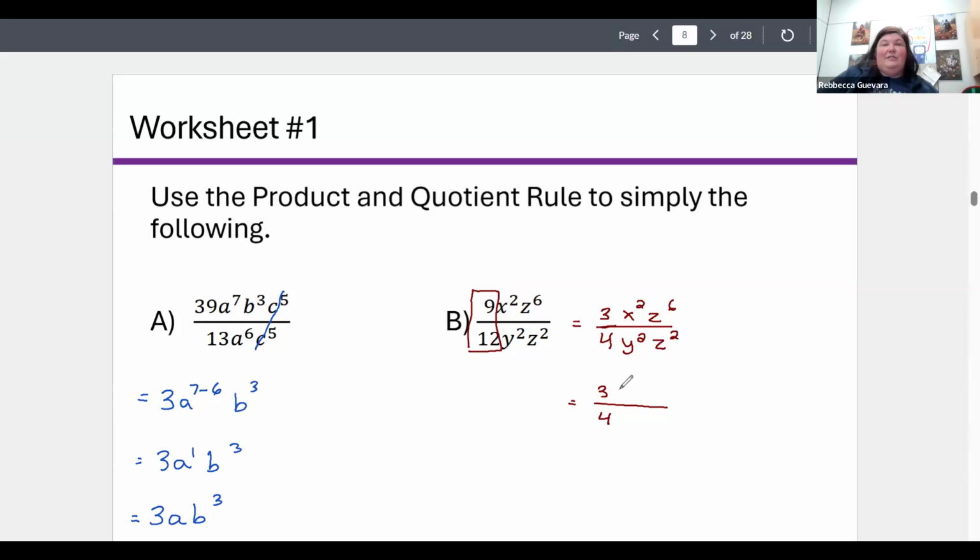There isn't another x. We have z. There is another z. So we have z to the 6 minus z squared. And then we have 1y. We have y squared. So if it doesn't have a friend, nothing changes. It just stays where it is. So we're just going to have 3x squared z to the 4th over 4y squared.